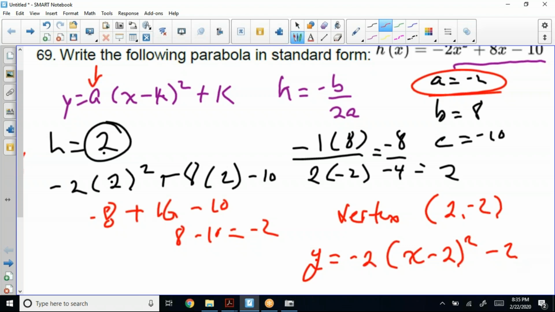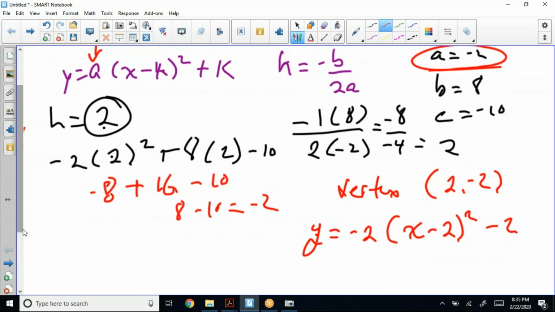So taking it from standard form and putting it in vertex form is something you'll have to do. You'll have to know how to get the vertex, which in this case, because the a is negative, is opening down, which means it would be a maximum, right? So they'll want to know if you can get the maximum.